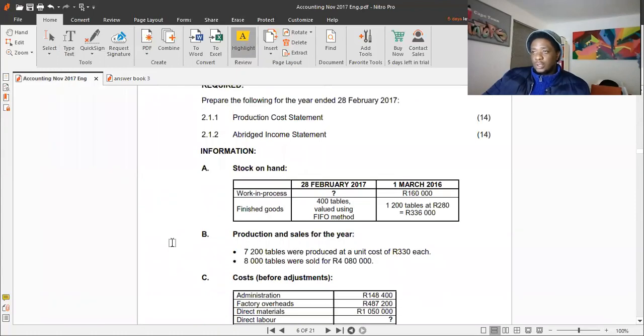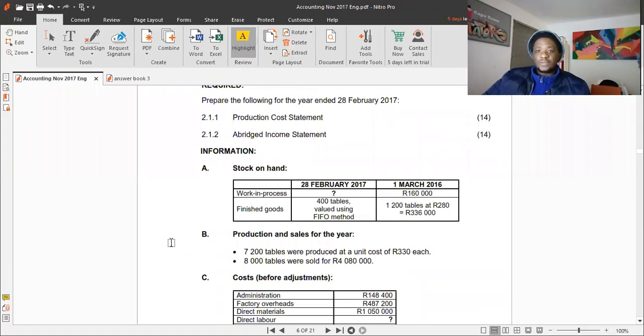In the first information, we're just given information about work in progress at the beginning of the year, and also finished goods stock at the beginning and at the end of the year. The second information is very useful. We are told that 7,200 tables were produced at a unit cost of 230 each.